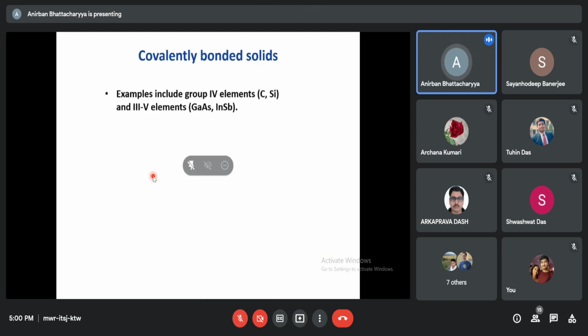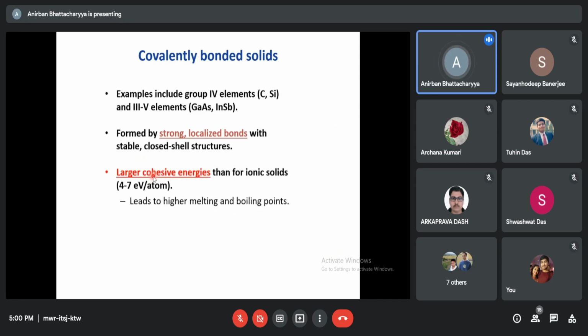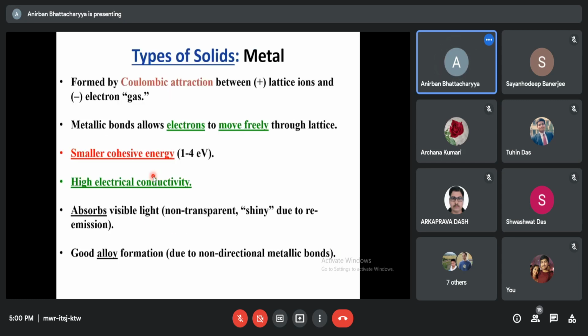Examples are carbon, silicon, and then III-V elements like gallium arsenide and indium antimonide. They are formed by strong, localized bonds. They are directed bonds to form stable closed-shell structures. Very large cohesive energy leads to higher melting and boiling points and low electrical conductivity.